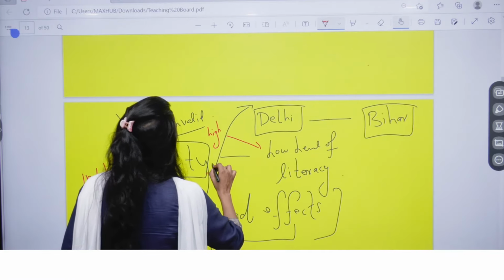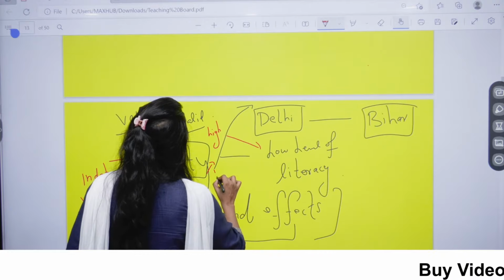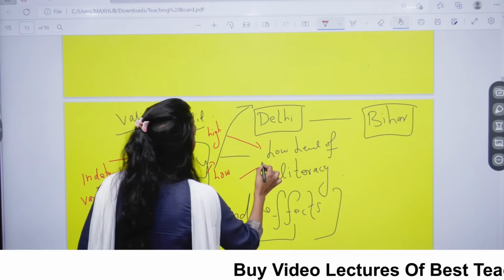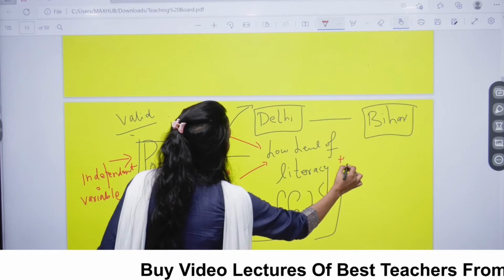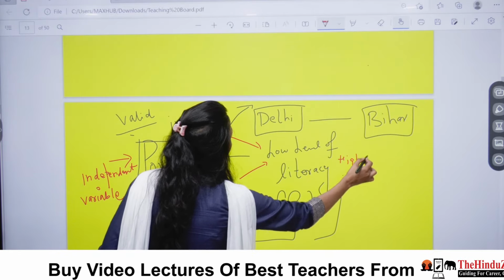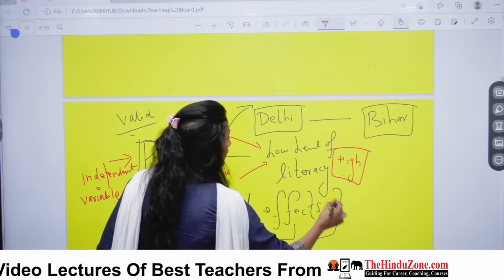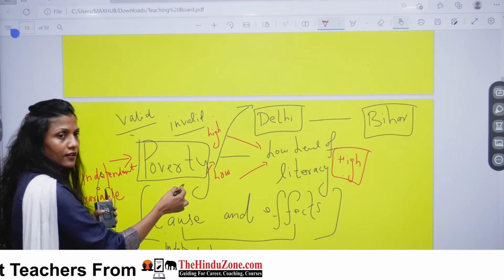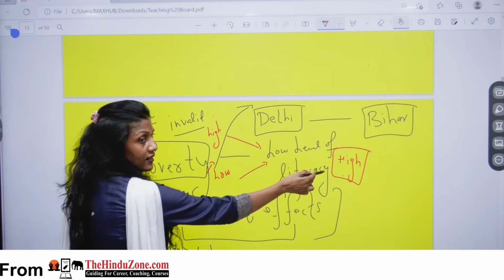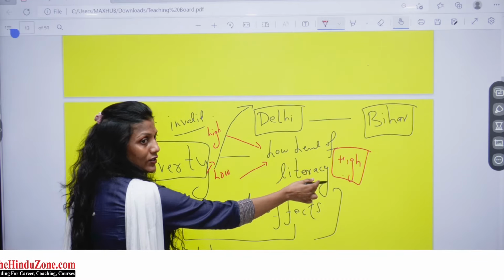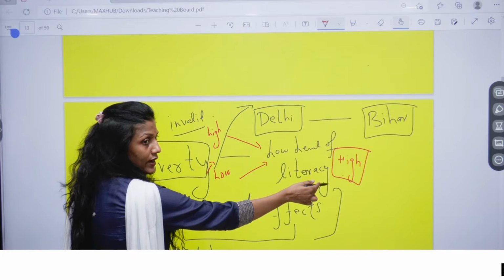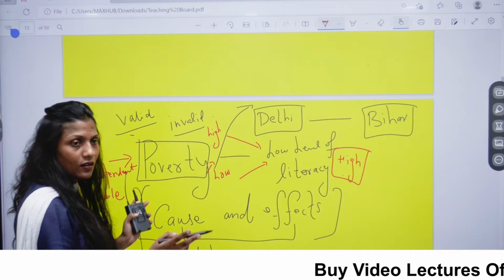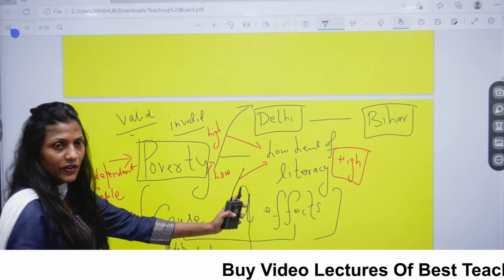If poverty gets low, then our effect will be a high level of literacy. So if changes are happening in poverty, then we are getting effects on literacy. All right. So right now I've used independent and dependent variables.